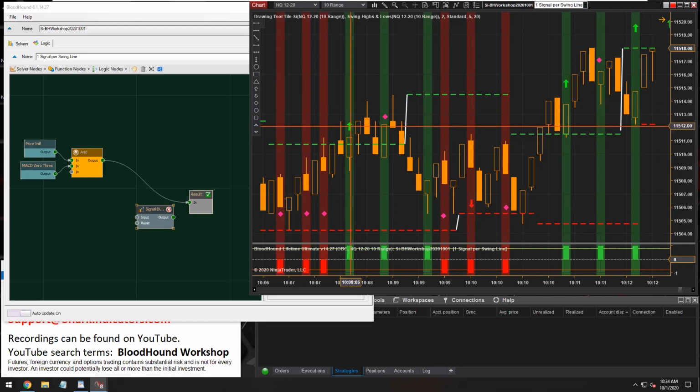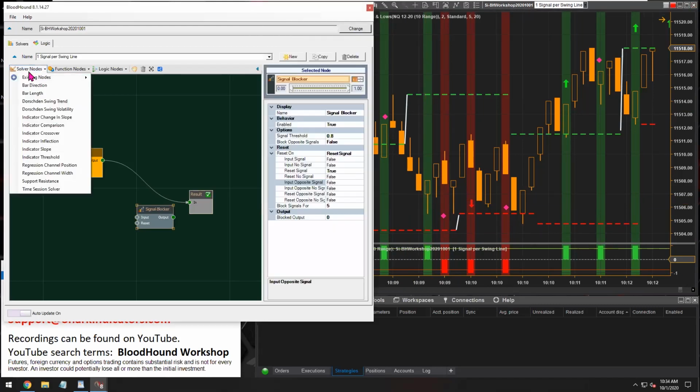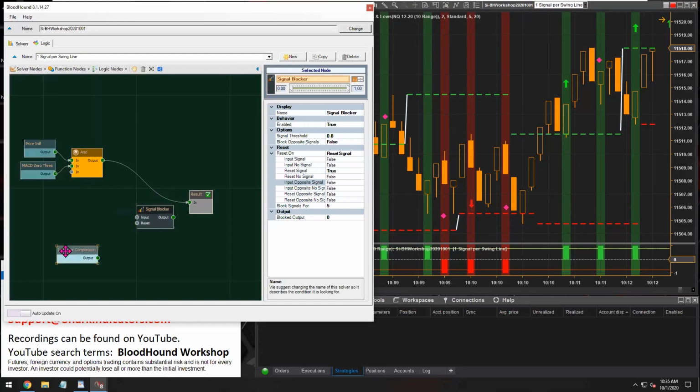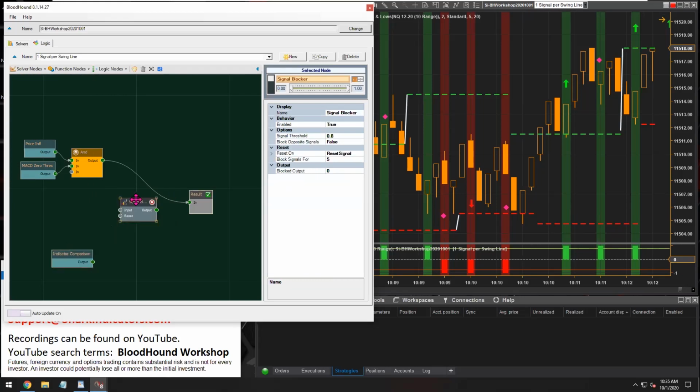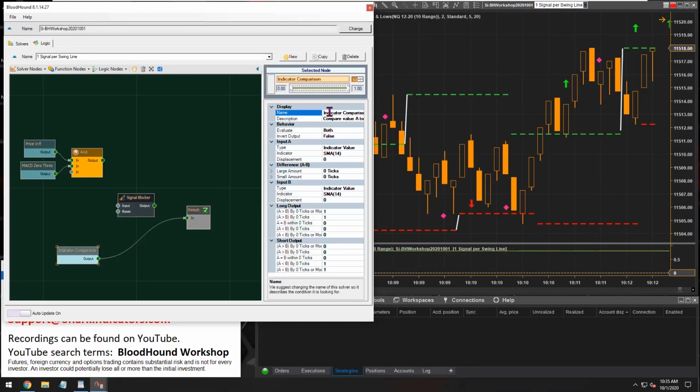So let's make a solver that will generate a signal when a new swing high develops or a new swing low develops. To do that, we're going to use a comparison solver. Let me connect this in.